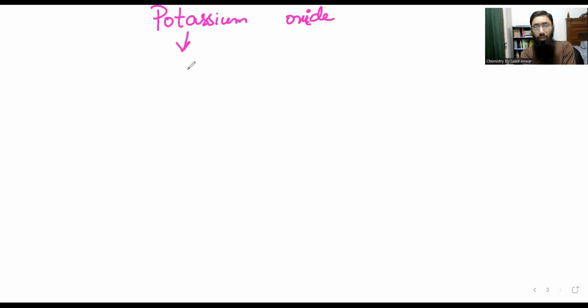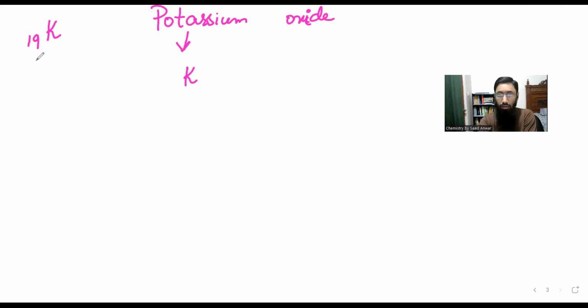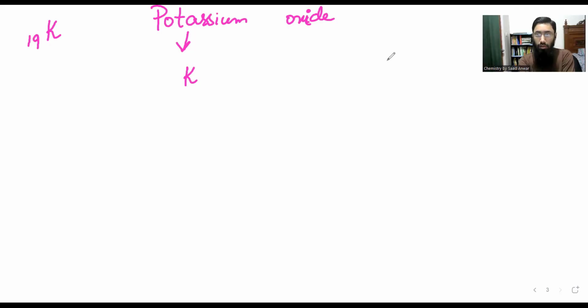The symbol for potassium is K. It is in group 1, so that means it has a +1 charge. Exactly.